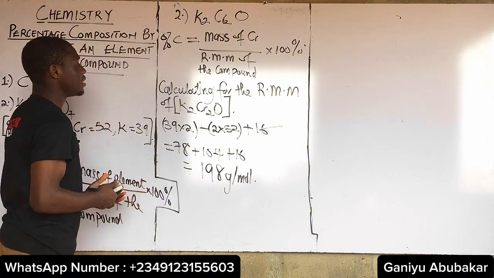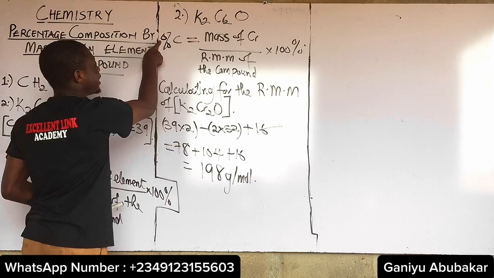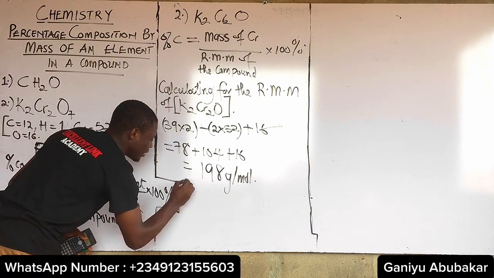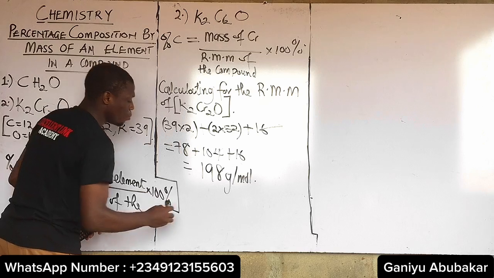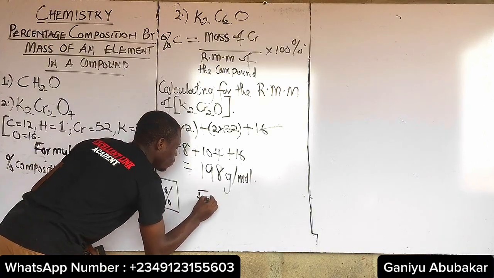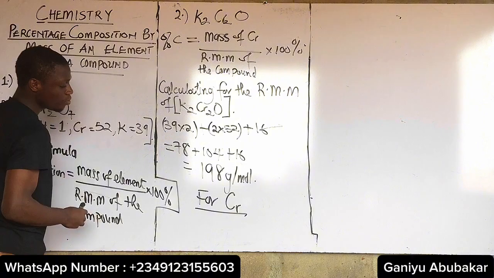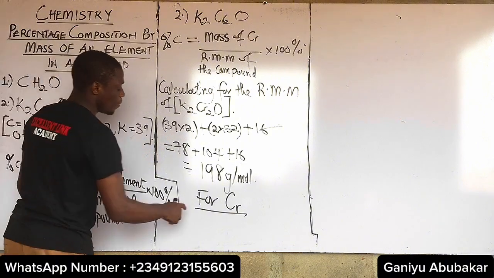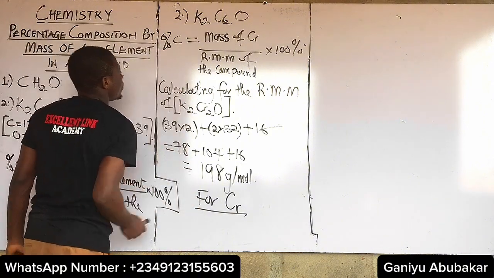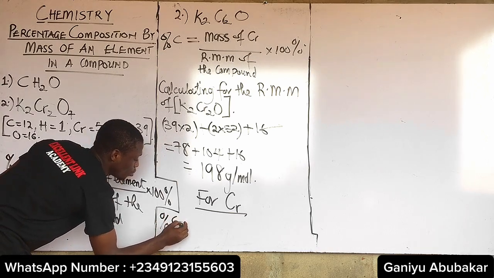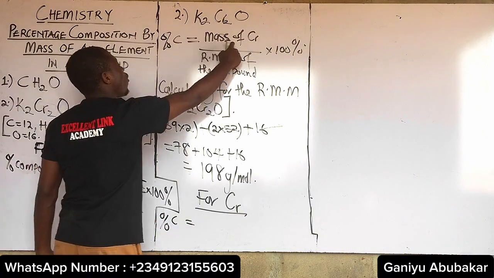So now let's find the percentage composition of chromium. The percentage composition of chromium is equal to the mass of chromium.